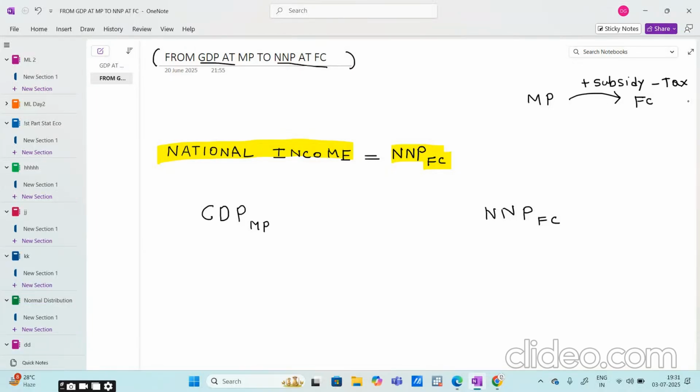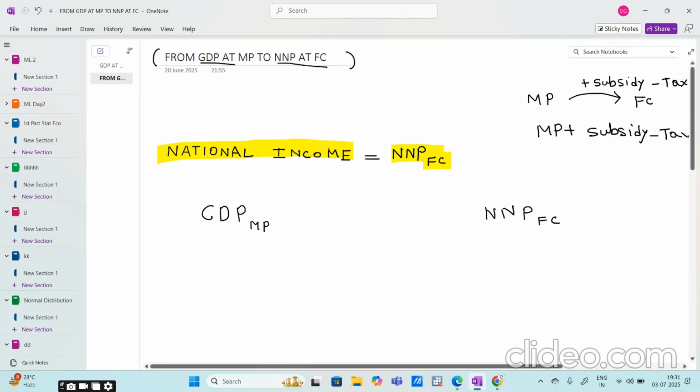So if I add subsidy and subtract taxes, then what will I get? I will get factor cost.